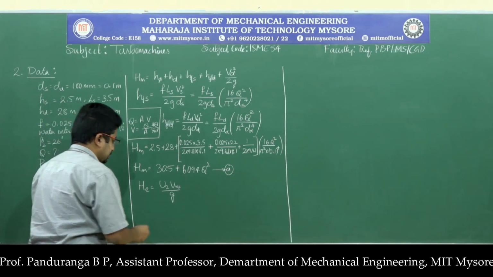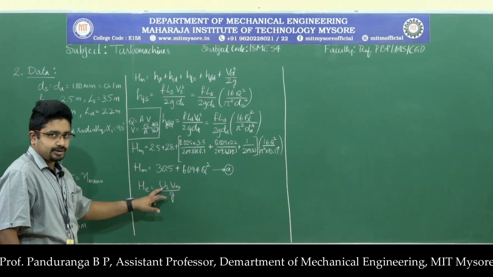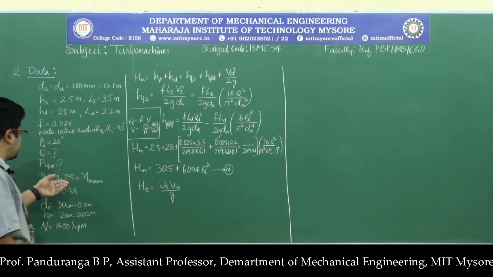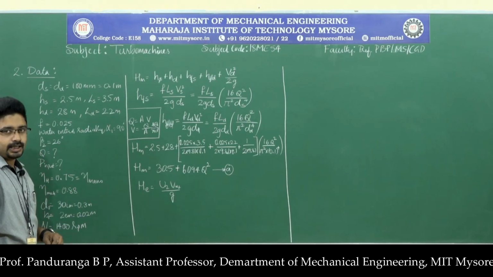Or in other terms, if I know Vu2 and U2, I'll be able to find out He, and the manometric efficiency is given by the ratio of Hm divided by He.